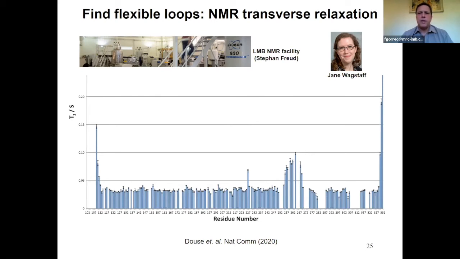I'm not well versed on that, so this is just to mention that it's a tool that you can use to help to find a more crystallizable sample. Here you see a plot of this transverse relaxation against sequence, and the higher the value of this T2 is, the more dynamics you have. In this example, it helped to successfully crystallize a sample after removing the corresponding flexible loop.